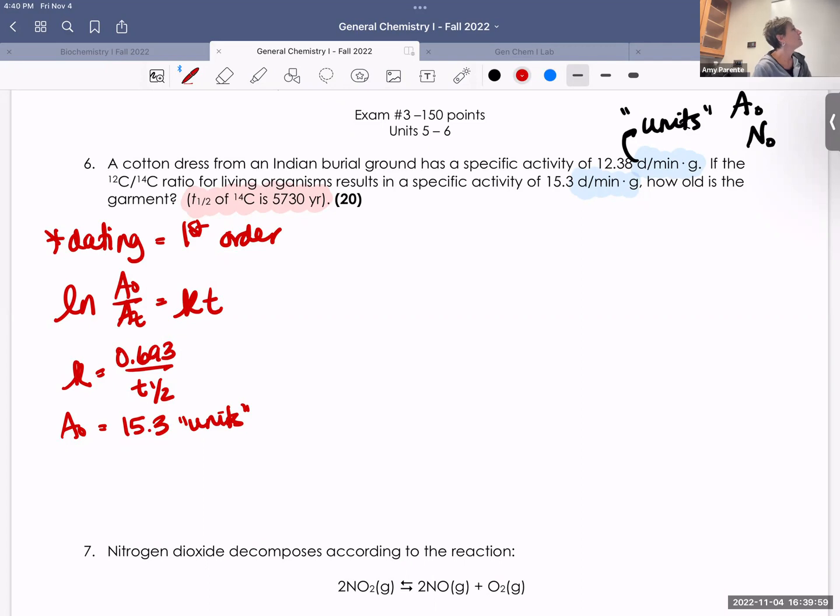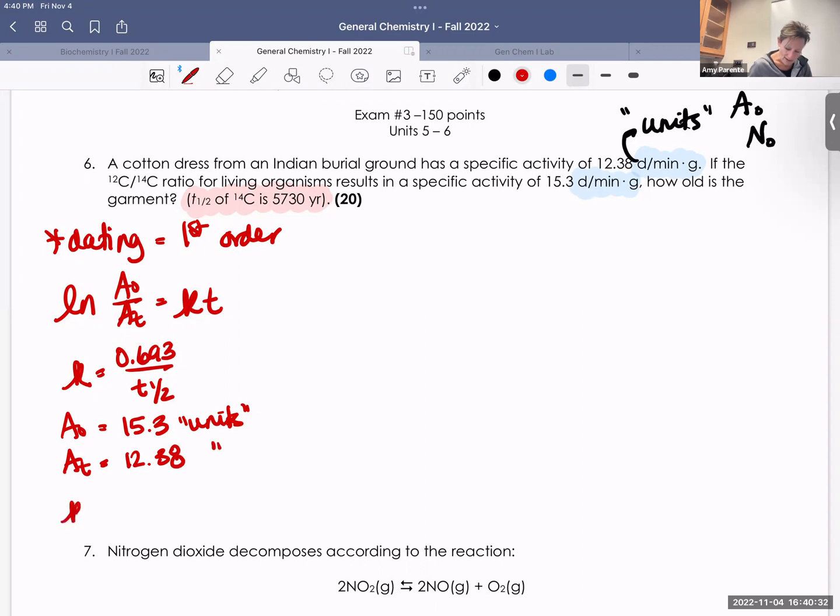Keep in mind, what you start with is always going to be a bigger number than what you have at time t. I think that question came up in class once in terms of making sure you put things in the right spots. You should always have the ln of a number greater than 1. If you don't, you probably put something in the wrong spot. So that's what we start with. What we end up with here is 12.38 units.